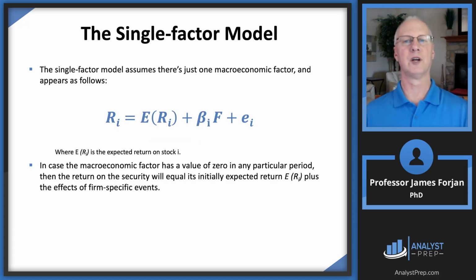All right, let's start with a single factor model. This model assumes there's just one macroeconomic factor. So the actual return on the stock is equal to its expected return plus some factor times its sensitivity. And so I want you to think of that beta as a measure of sensitivity to that particular factor.